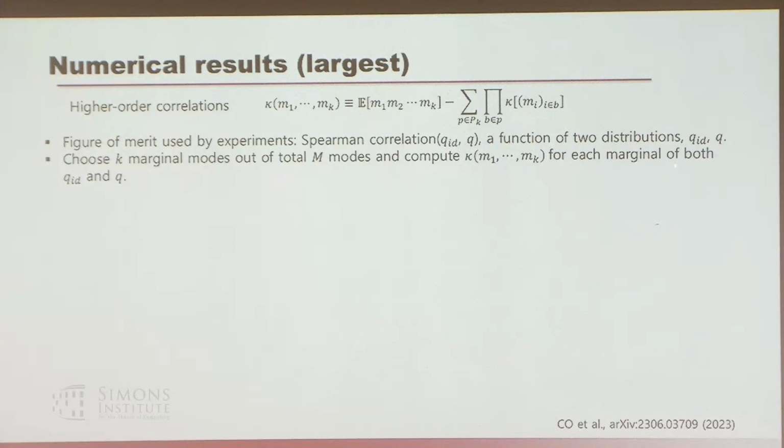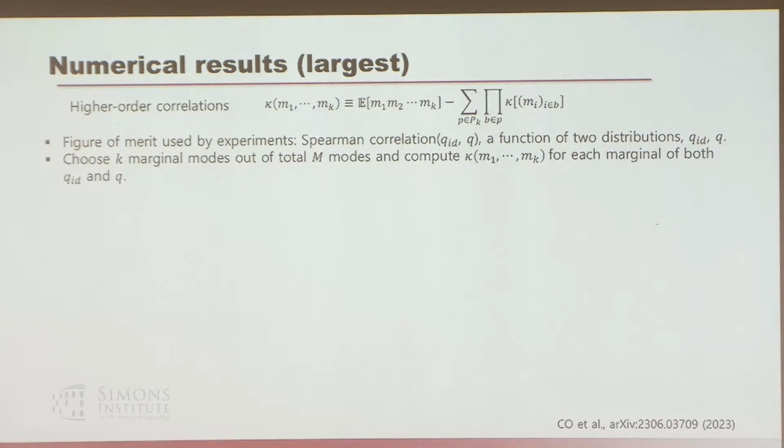For the ideal case, we compute it using the marginal probability. For the experimental case, they use their samples, so they compute this empirical higher correlation function. Then by computing this Spearman correlation function, if the score is 1, they're perfectly correlated, and if it's 0, they're not correlated.